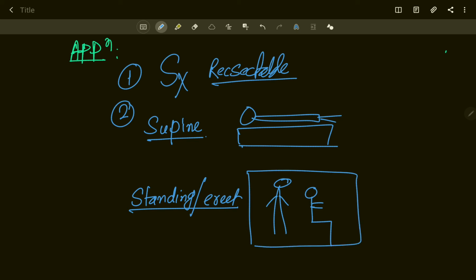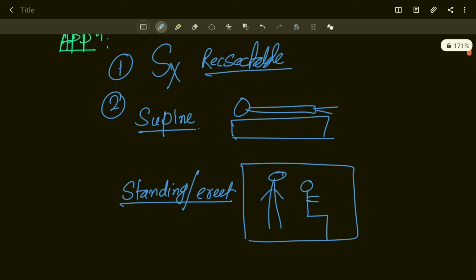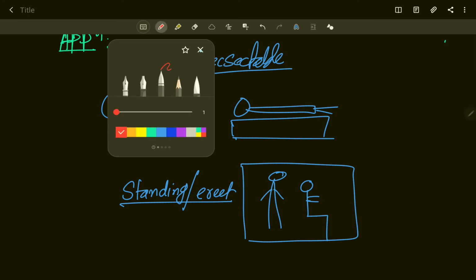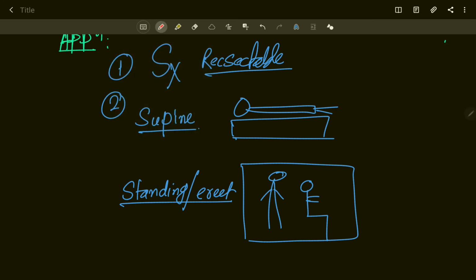Now the most dependent portions of bronchopulmonary segments in supine posture and in standing posture. In supine posture, the most dependent bronchopulmonary segments are, as I already told, both segment 2 and segment 6.